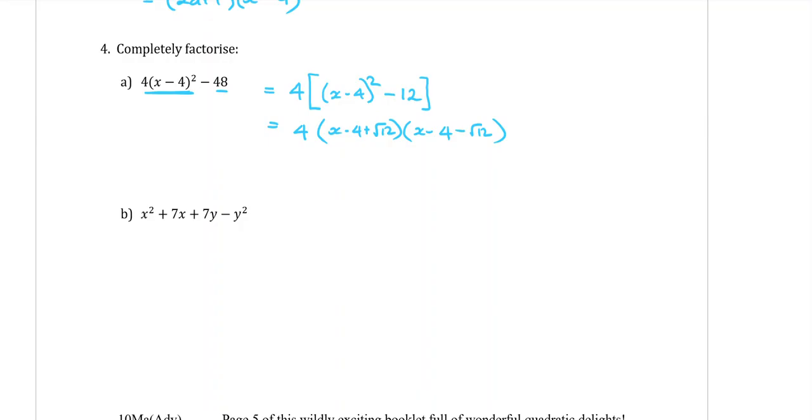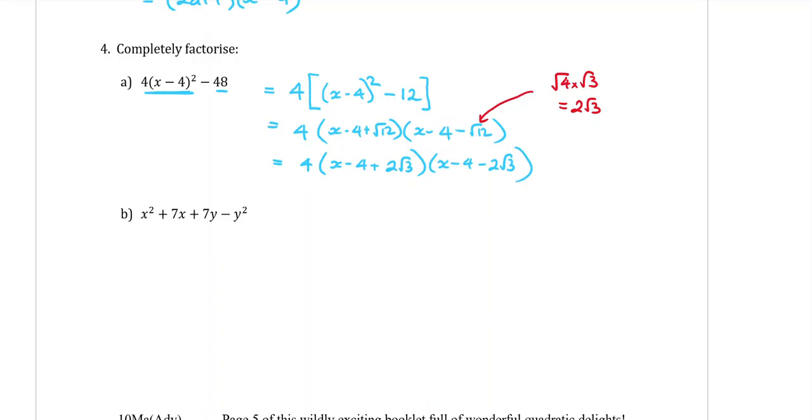However, because I now have a surd in my question, I want to simplify the square root of 12. 12 is the same as 4 times 3. The square root of 4 is 2, so it is equal to 2 root 3 as a simplified surd. So my most simplified answer will be 4 bracket x minus 4 plus 2 root 3 and x minus 4 minus 2 root 3.